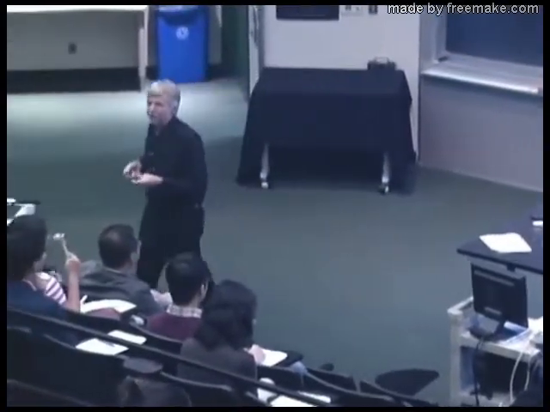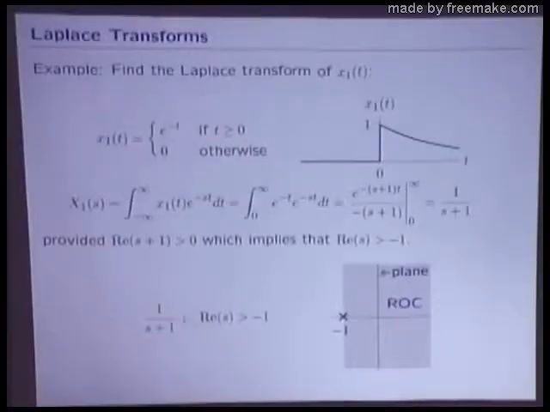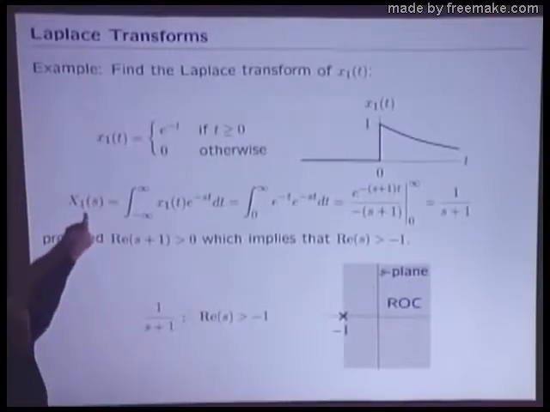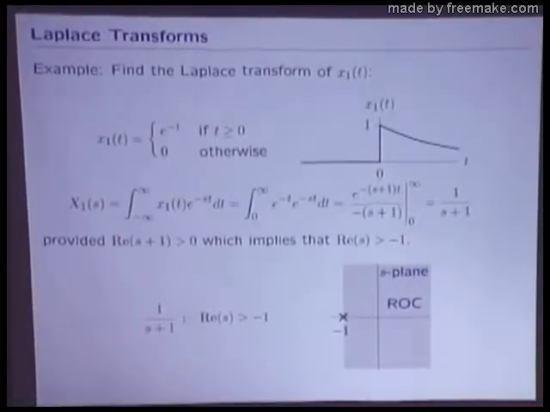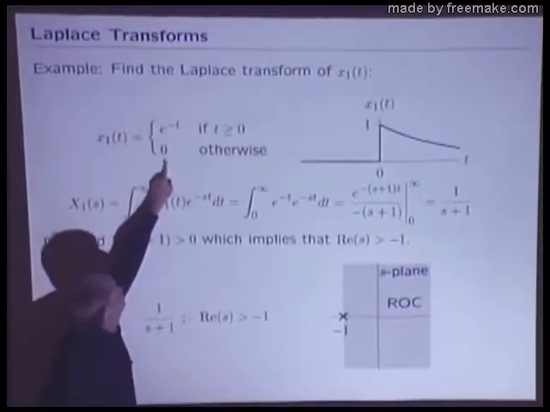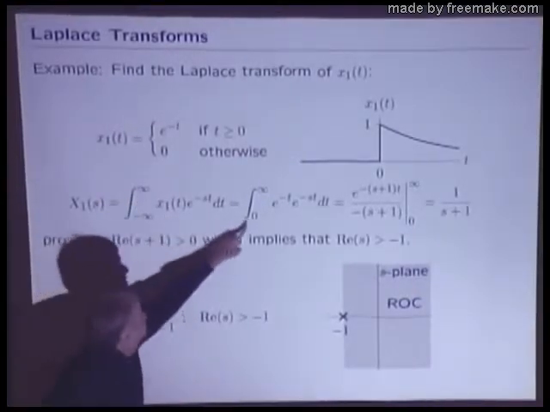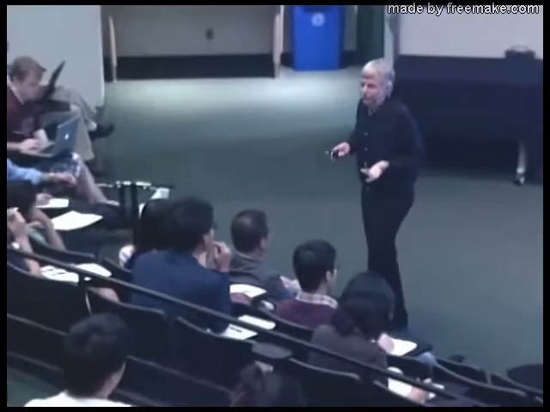As you might expect, the first transform we'll do involves simply plugging that mathematical formula into the definition. So X of s, the Laplace transform, is always the function of time integrated against e to the minus st. We're only doing bilateral, but notice that the 0 for t less than 0 cuts off the bottom. So in fact, you would get the same answer if you did bilateral or unilateral.